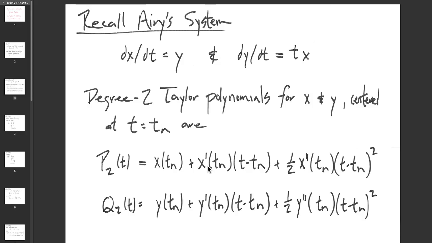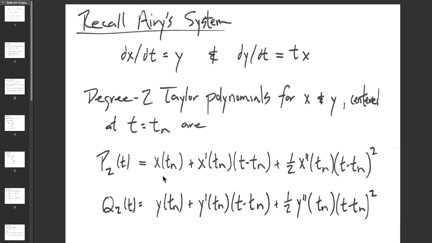So let's begin by looking at the degree 2 Taylor polynomials for the unknown functions x and y, and let's center them at some current time value that we've arrived at in our solution process, say t equals t sub n. So here I'm just writing the generic form of the Taylor polynomial of degree 2 for x and the Taylor polynomial of degree 2 for y, both centered at t equal t sub n.